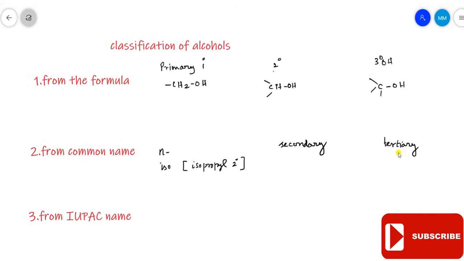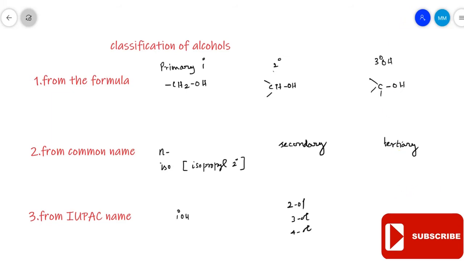Then from the IUPAC name, primary alcohol ends with the suffix 1-ol. In the case of secondary alcohol, the other numbers, that is 2-ol, 3-ol, or 4-ol.